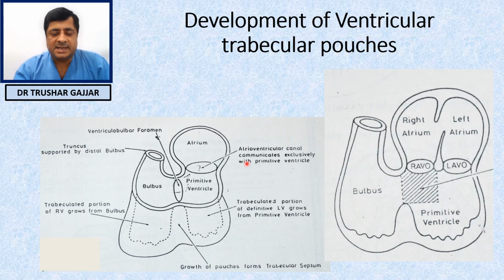So the second step is that the tube has developed a shape somewhat like a heart, and from the bulbus in the primitive ventricle a trabecular outpouching develops. This trabecular outpouching will form a septum in between, that is called the trabecular septum, and the bulboventricular foramen is on the top.